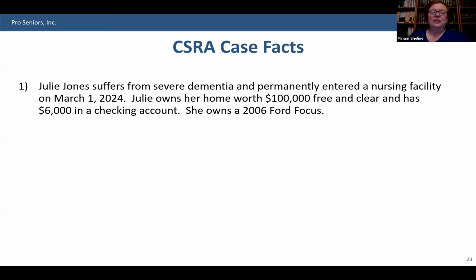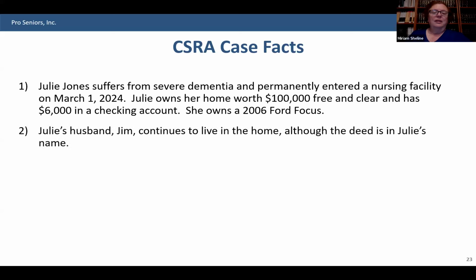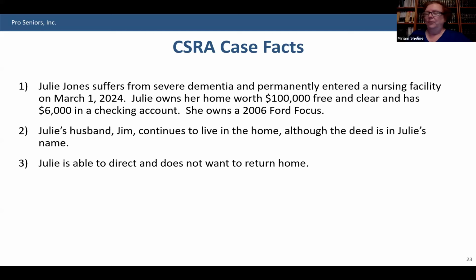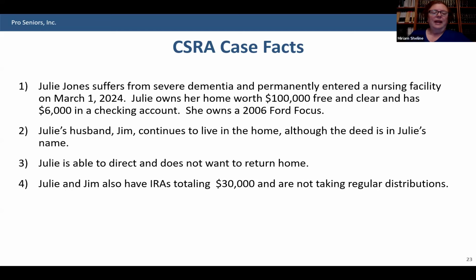She has $6,000 in a checking account. She owns a 2006 Ford Focus. Her husband, Jim, continues to live in the home, although the deed is in Julie's name. She is able to direct. She doesn't want to return home. And they also have IRAs totaling $30,000, but they are not taking regular distributions.